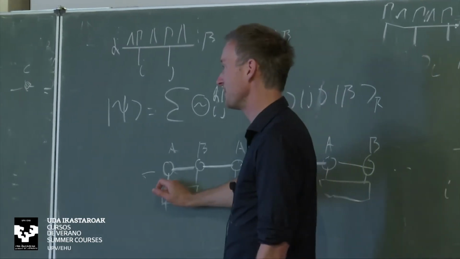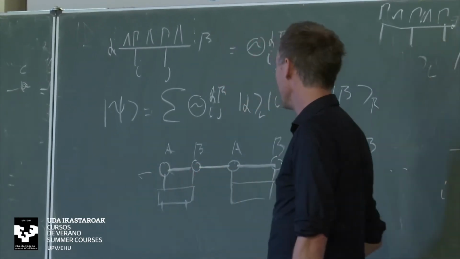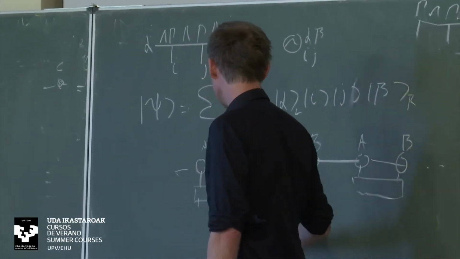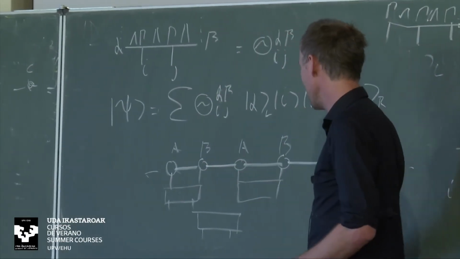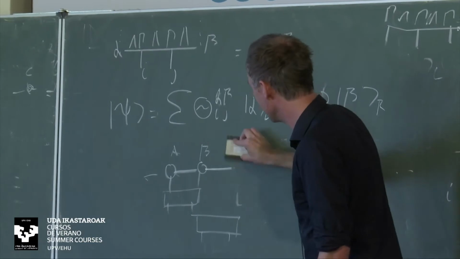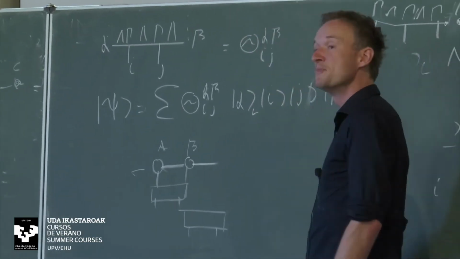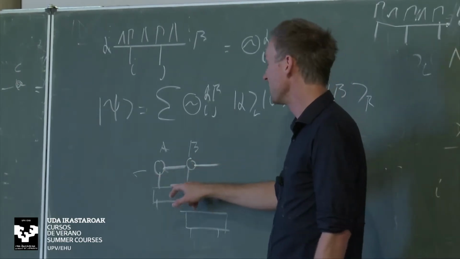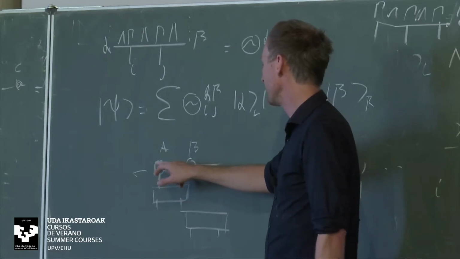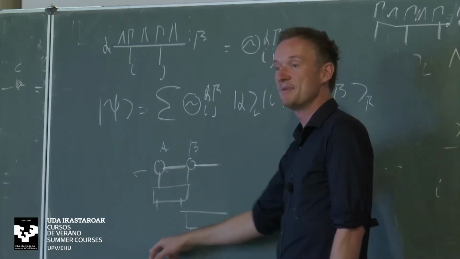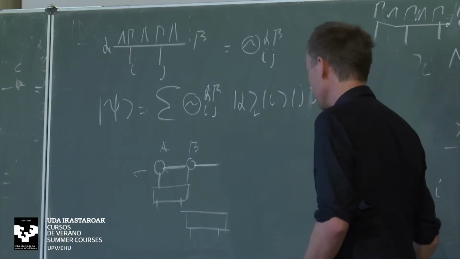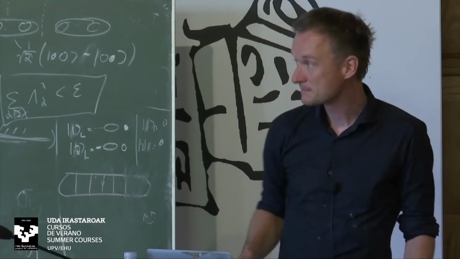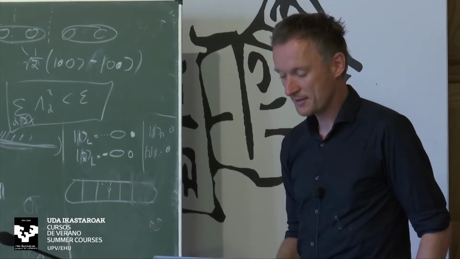So you just do the update once on a bond AB. And in the next time step, you just do an update on a BA. And you can forget about everything else here. So you just store two of these rank 3 tensors, and you alternatingly do an update on the bond AB, and then on BA, AB, BA, and then you can directly simulate the system in the thermodynamic limit, just by doing it this way.